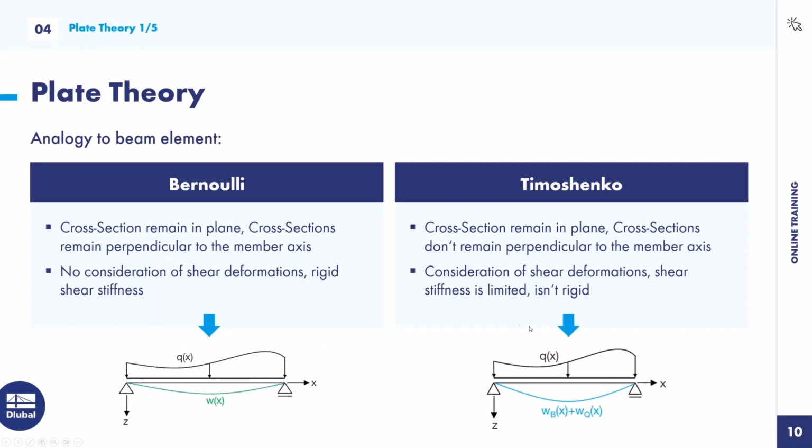So it isn't rigid. For the Bernoulli beam, the cross section remains in place, and the cross sections remain perpendicular to the member axis. This is not the case for the Timoshenko beam.